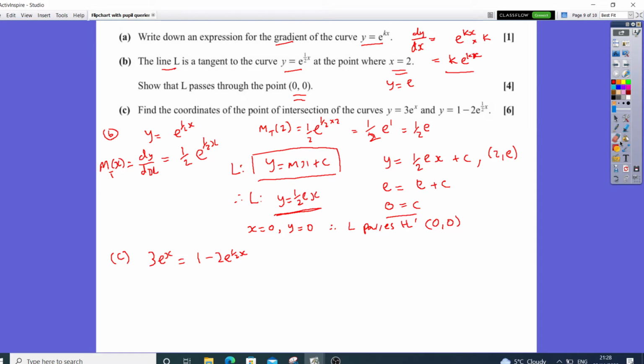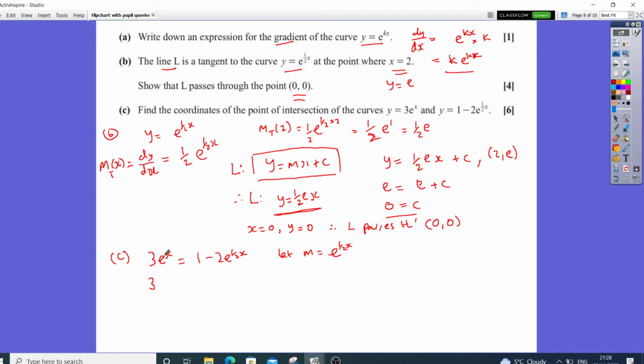And what I'm going to do here, okay, that's fine. So as soon as you see this power is x, this power is half x, you should note that this is a hidden quadratic. So if I say let m equal e to the half x, then this will be 3.